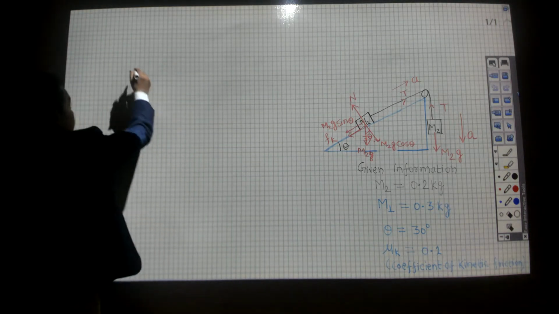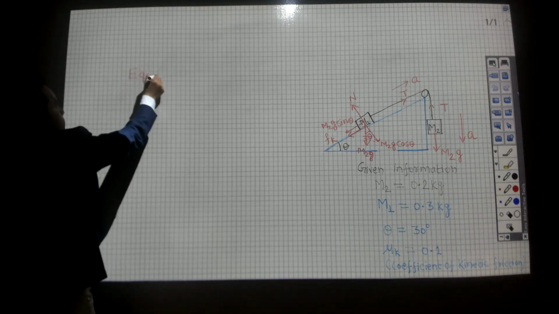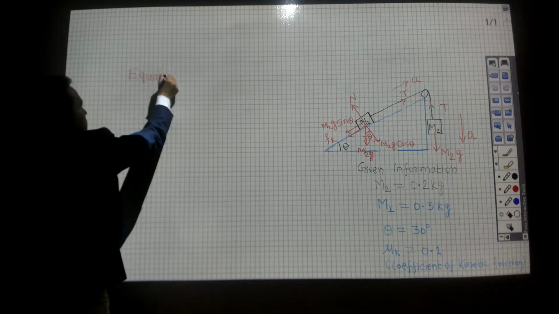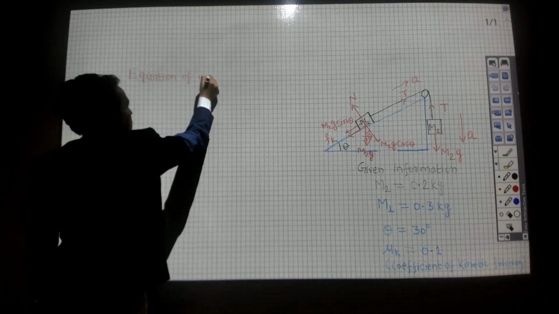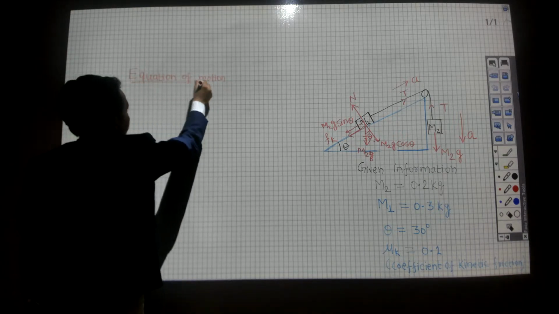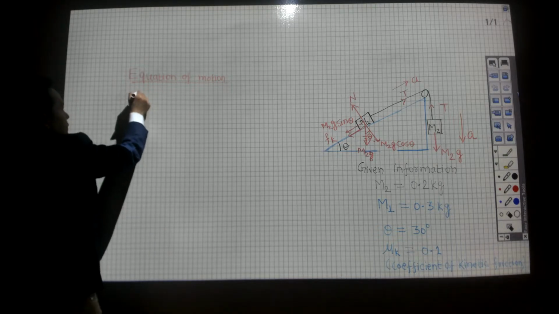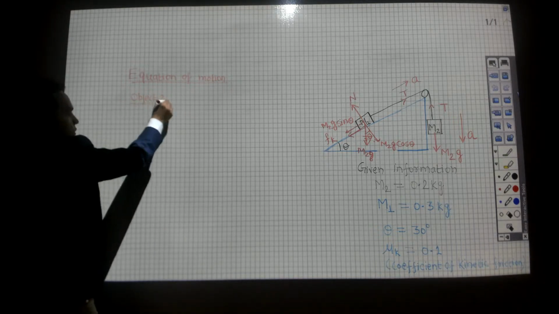Equations of motion. When I say object 2, that means the mass m2. So the system is moving downward.